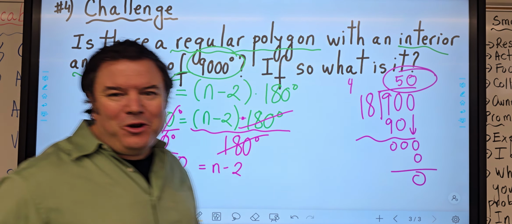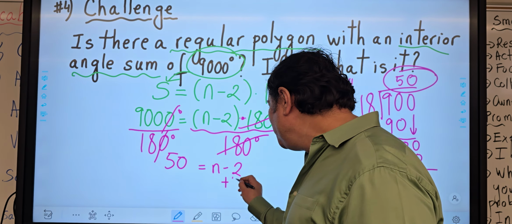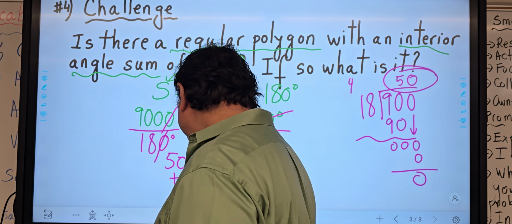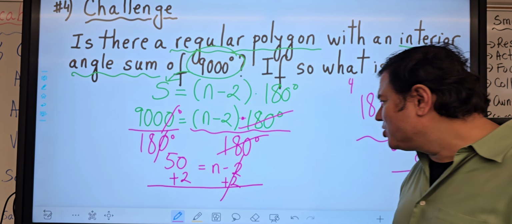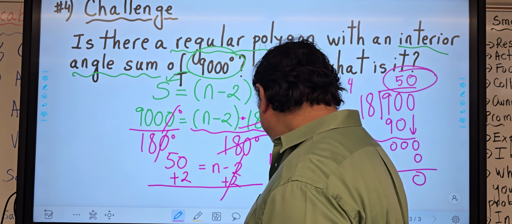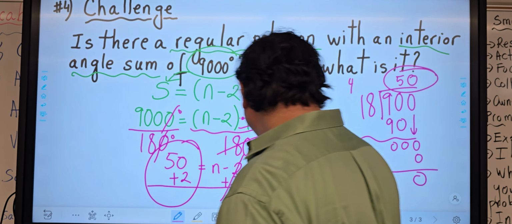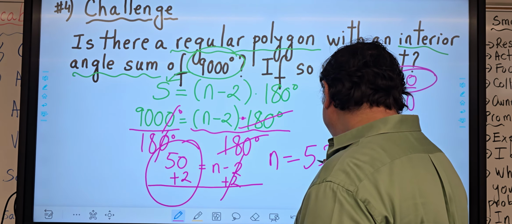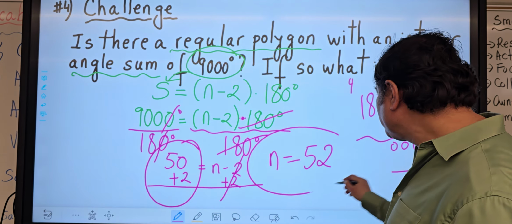And finally, in order for us to solve for n, we have to add 2 on both sides. This cancels out, so we get n by itself equals 50 plus 2, 52, right? n equals 52.